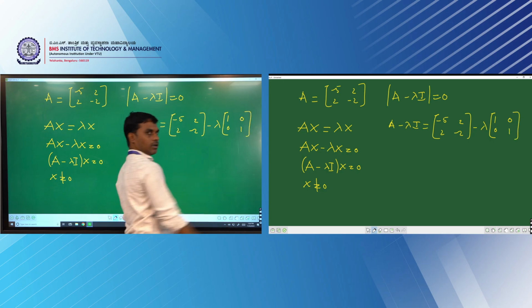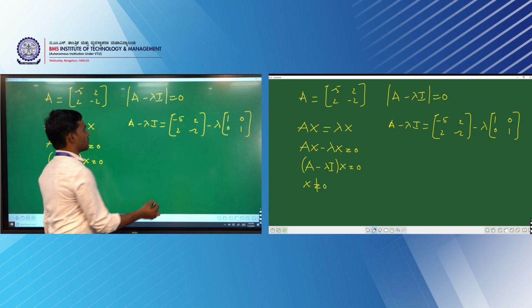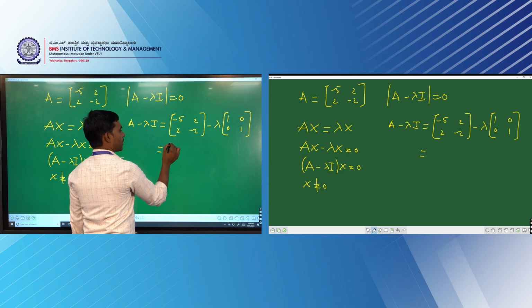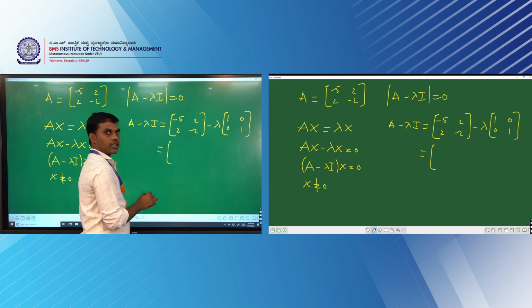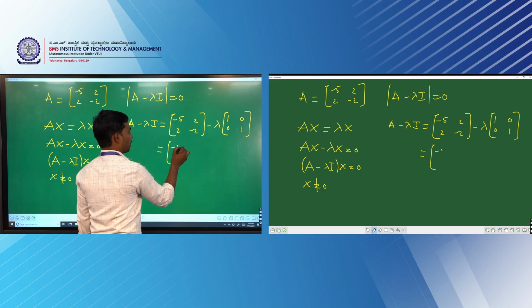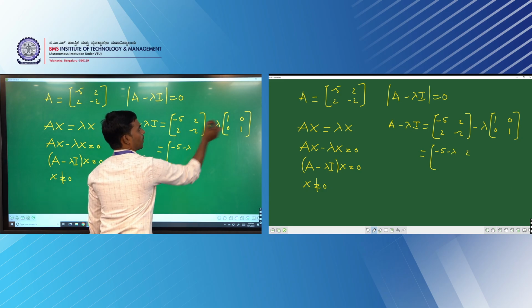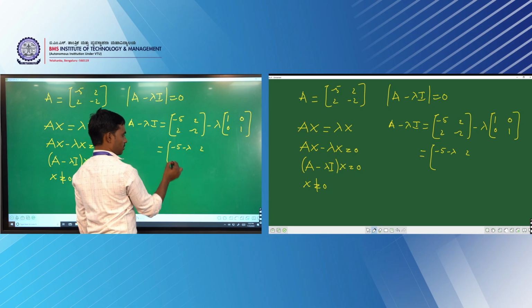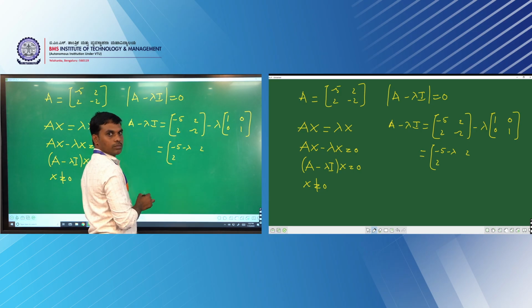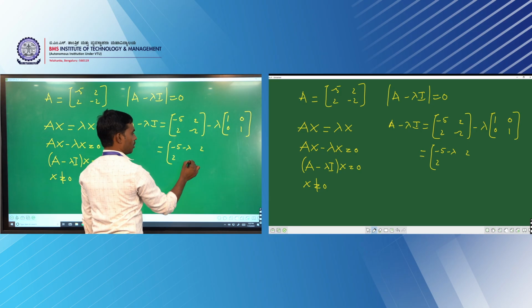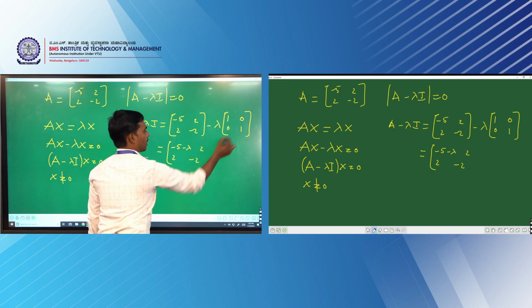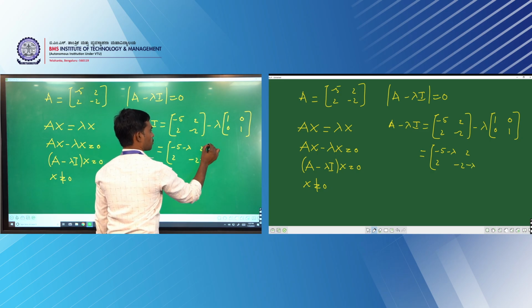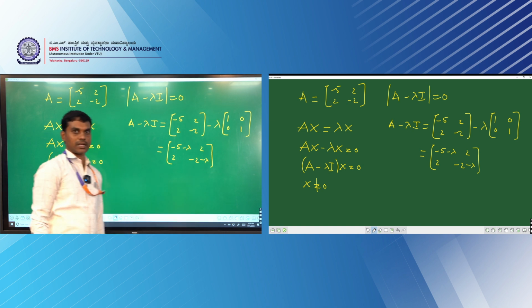This is the identity matrix. Now we subtract corresponding entries, first entry from first entry. It is minus 5 minus lambda, and 2 minus 0, then 2 minus lambda into 0, and minus 2 minus lambda into 1. So it is minus 2 minus lambda. This is A minus lambda I.